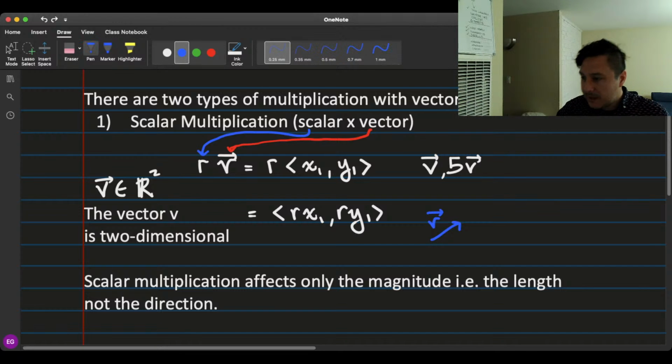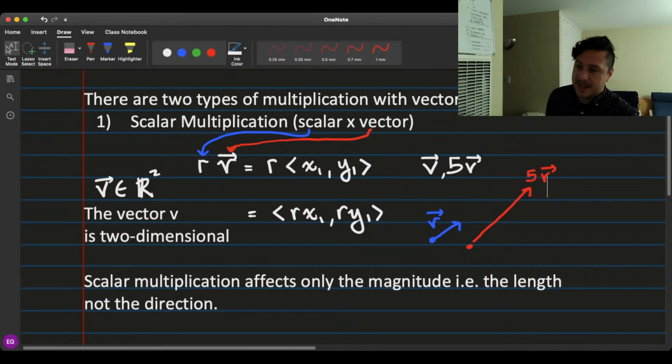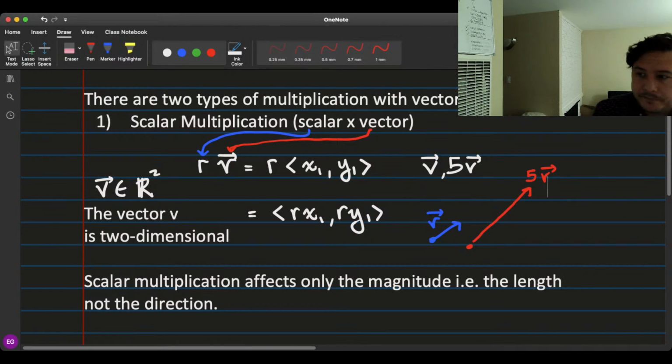If this is your vector v, your vector 5v is parallel to that, but 5 times as long. So we've learned about one type of multiplication for vectors, the scalar times the vector.